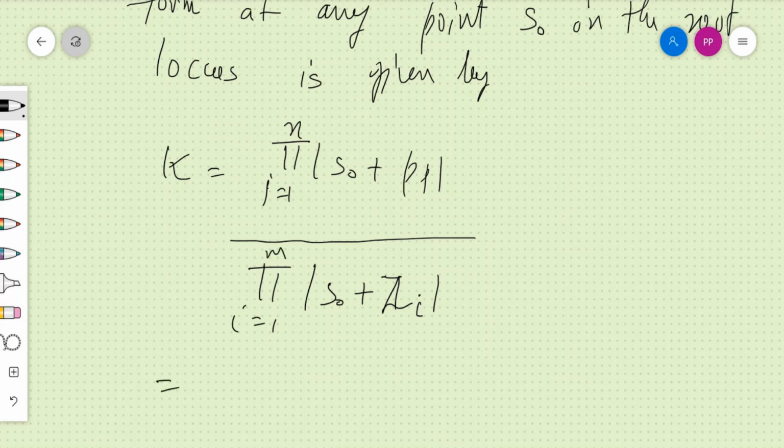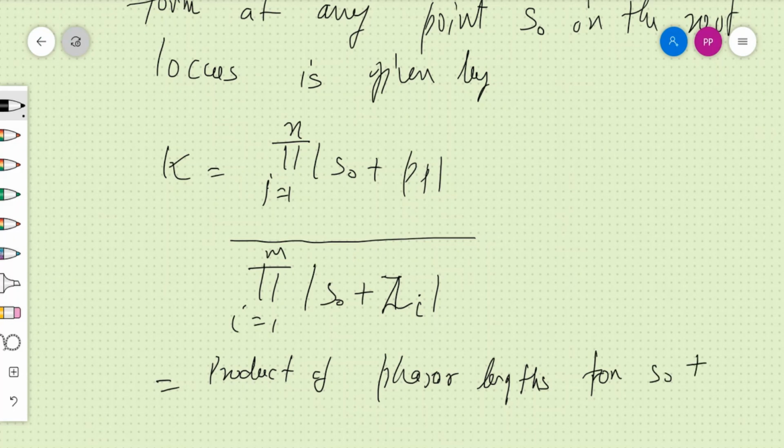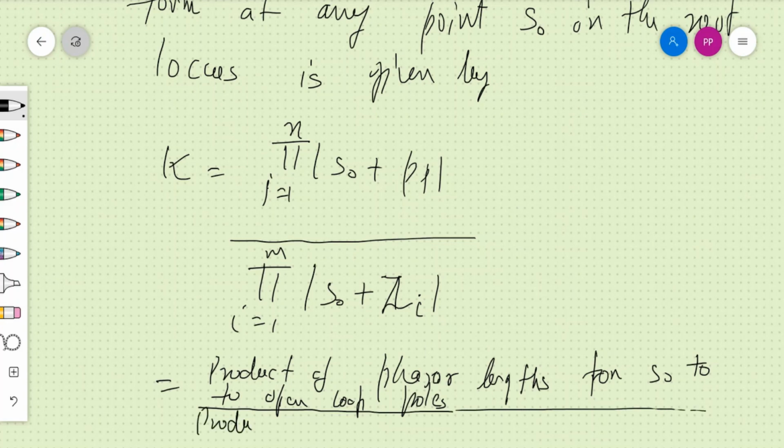So this is nothing but the product of phasor lengths from S0 to the open loop poles. These are simply the calculation of lengths if you can plot on the graph paper. So this divided by the product of phasor lengths from S0 to the open loop zeros.